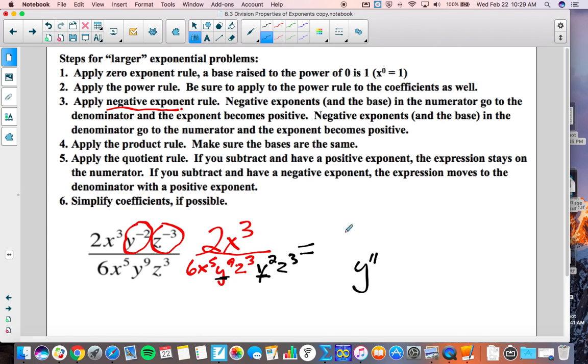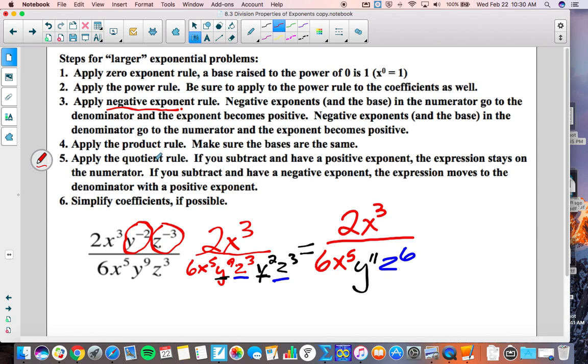Now I put some space there because I still need to bring across the 6 and the x to the fifth. And then here I have z to the third times this z to the third, and we add our exponents. There's 6 z's getting multiplied together on the bottom. On the top, I've got 2x to the third.